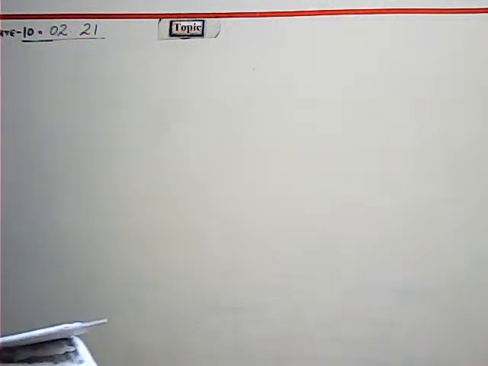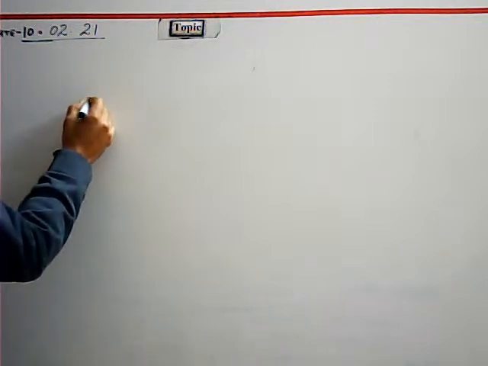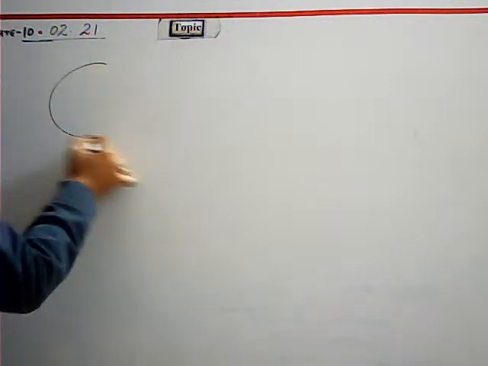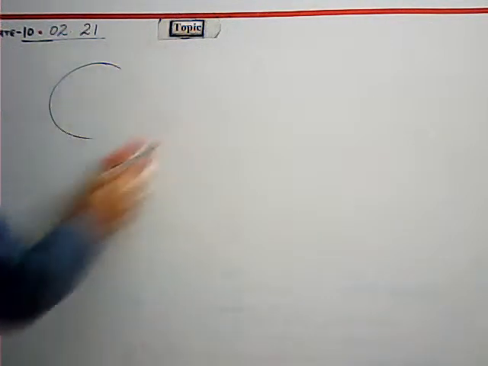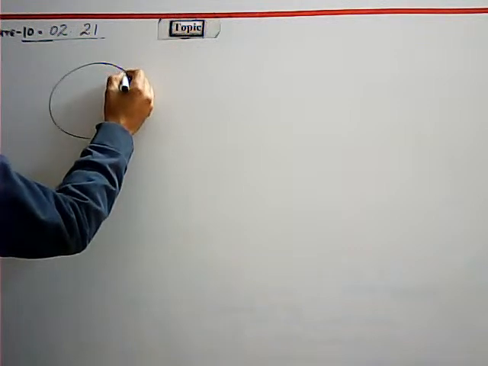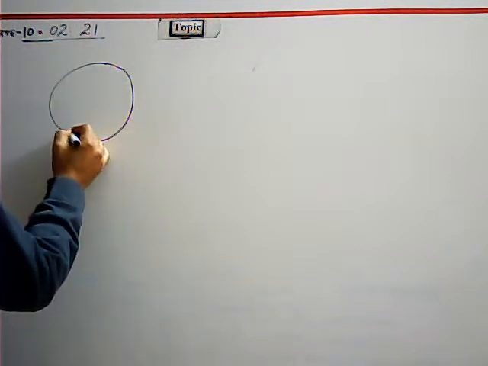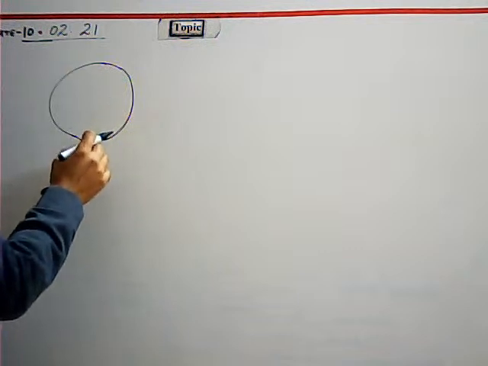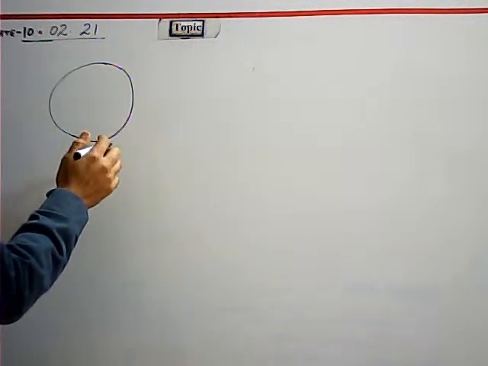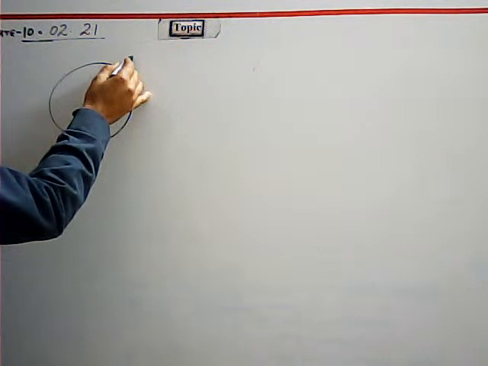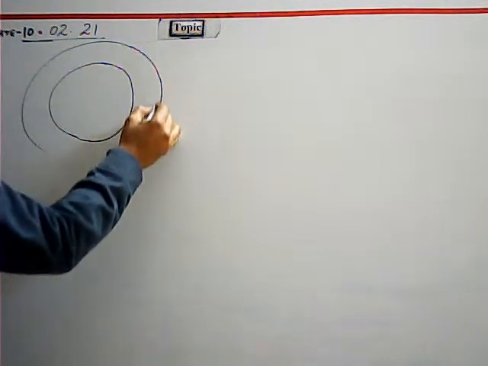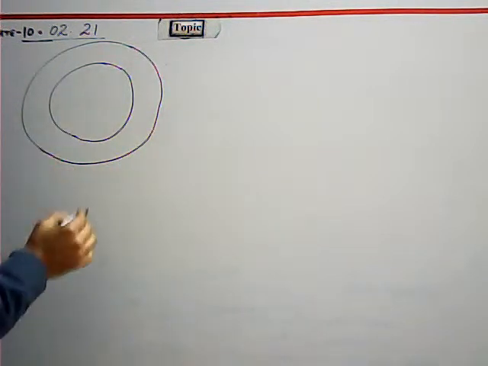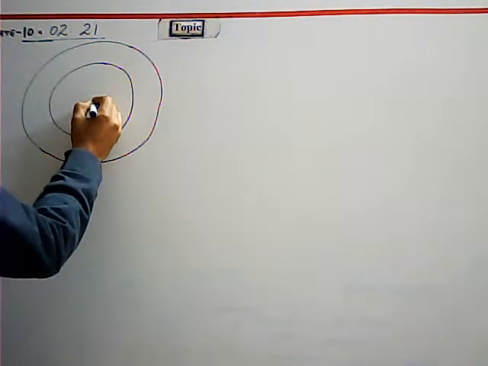Here figure is given, two concentric circles with the center O, with radii 21 and 42.